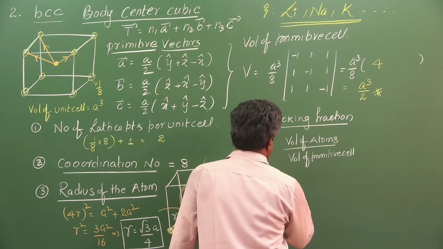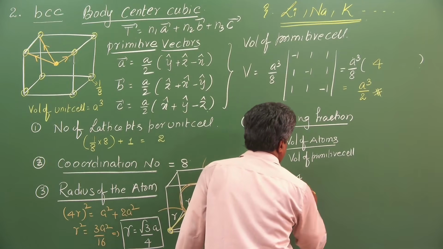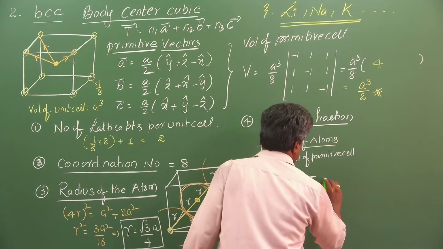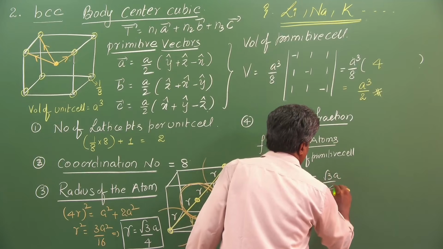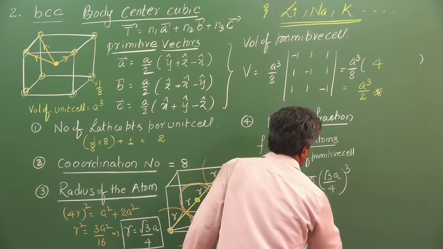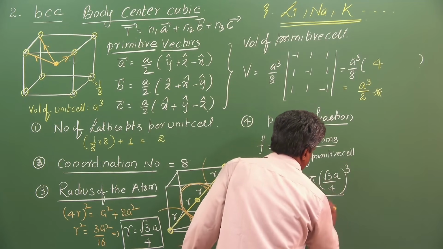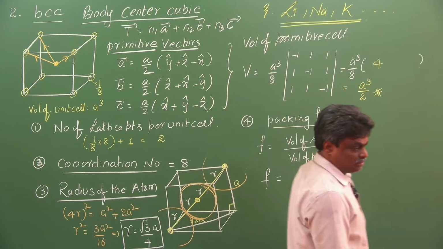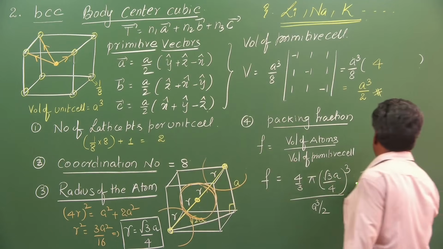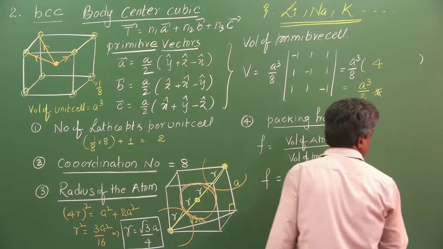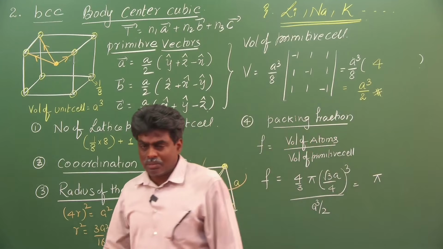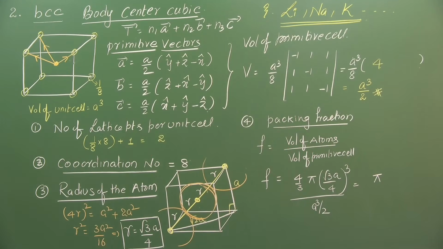So this is packing fraction: 4/3 pi, that radius root 3a by 4 whole cube, by a cube by 2. I have taken primitive cell. Can you please tell me what is the answer here? Root 3 pi by 8.